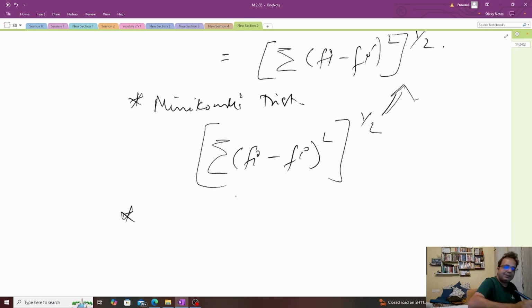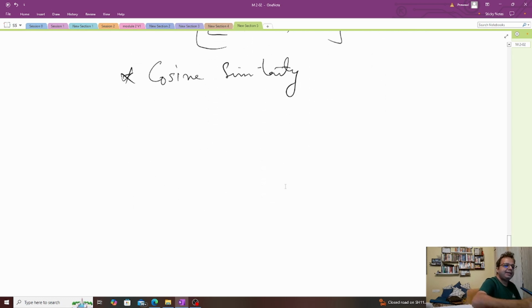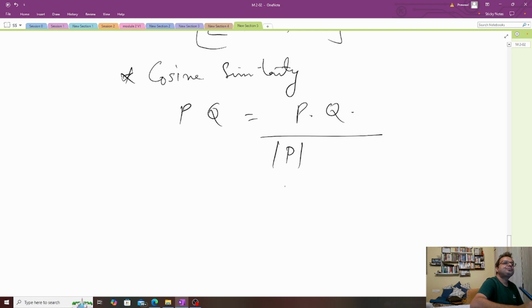One more distance metric which is also important to understand is called cosine similarity. Let's suppose there are 2 vectors p and q. You take the dot product of p and q and then you divide by their magnitudes. That's called the cosine similarity.